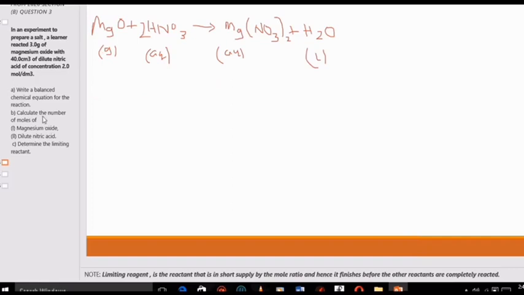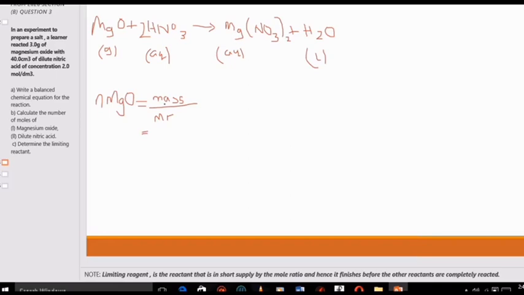B, they are saying calculate the number of moles of magnesium oxide. Okay, so you know the formula: number of moles is equal to mass divided by relative molecular mass.